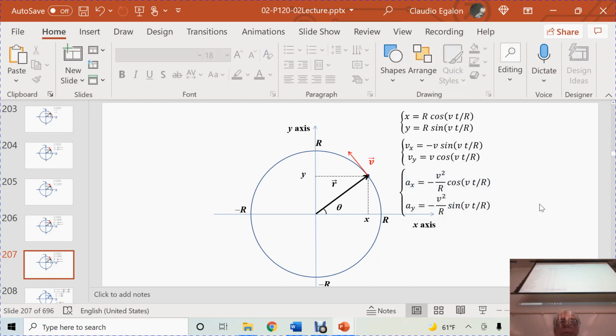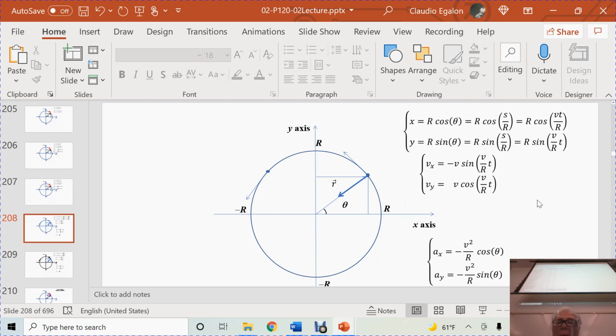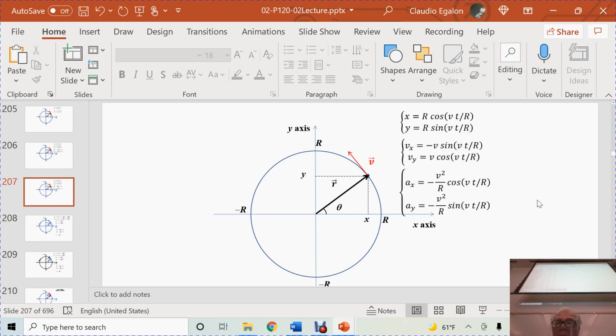Like that. Okay, so we got everything that we want. Let me see if there's anything else. Oh, there is one more thing I'm gonna show you. We're gonna look at this acceleration vector here.